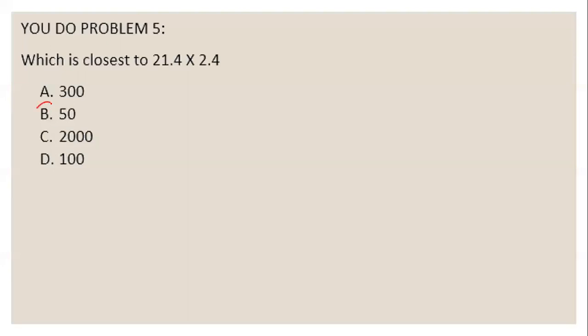B, the closest is 50. So if you're looking here, you're roughly estimating, this would be about 21. This would be about 2, which is 42 out of these, which is the closest to that. 2,000. 2,000? Oh, okay, I thought so too.